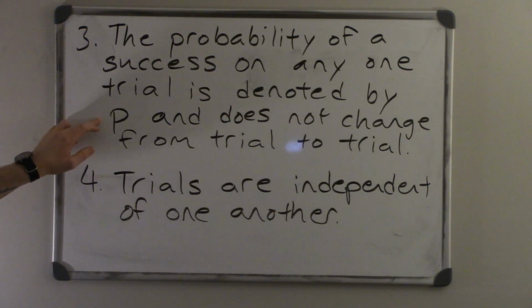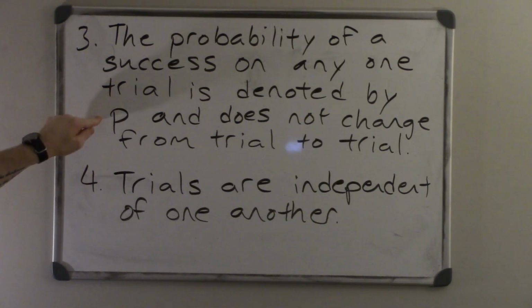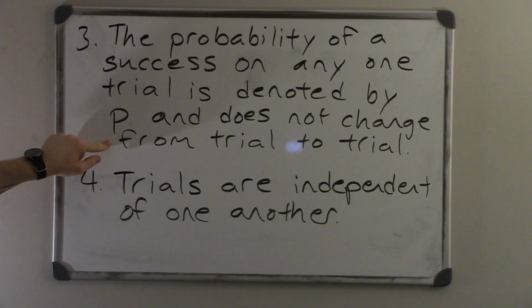Again, that probability is not changing. And really, by the fact that the probability of a success cannot change from trial to trial, by definition that means they are independent of one another, because it doesn't change.